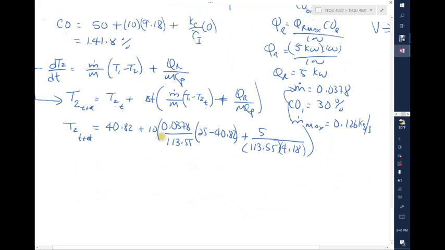So we have this parenthesis and this parenthesis. Now we need to do all that math with a nice calculator, and let's see what ends up being.